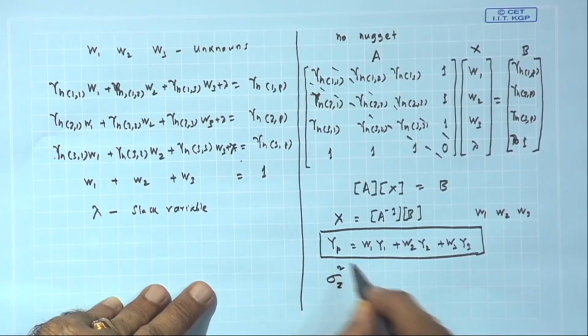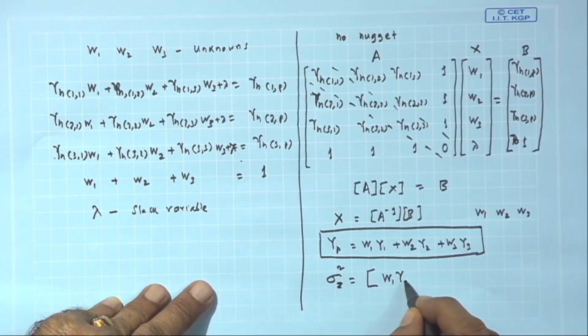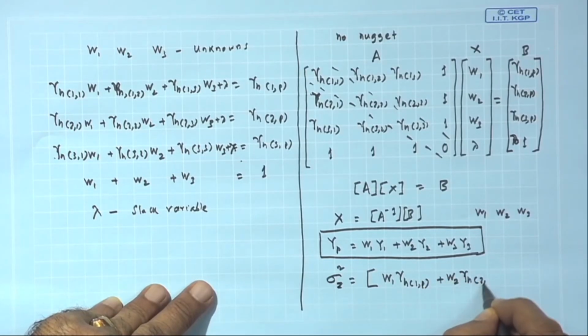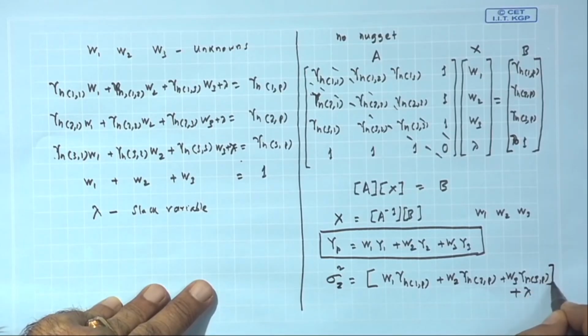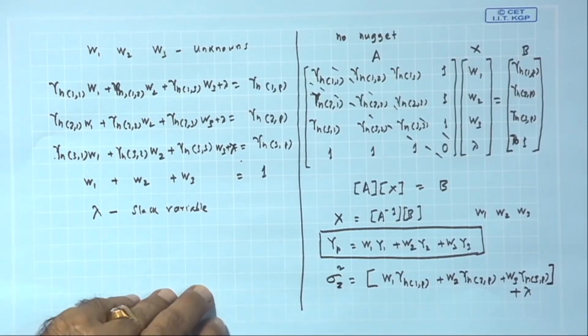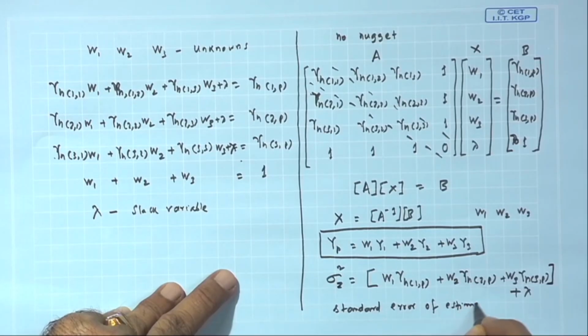If I represent sigma z square as W1 gamma h1p plus W2 gamma h2p plus W3 gamma h3p plus lambda, this is the standard error of estimate, which we can calculate by taking the square root of it.